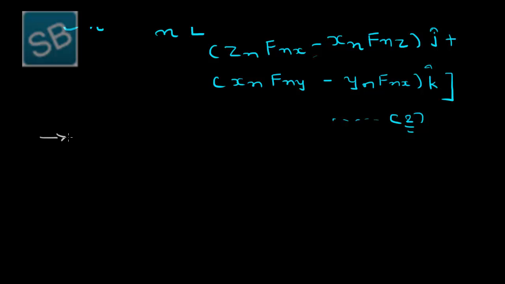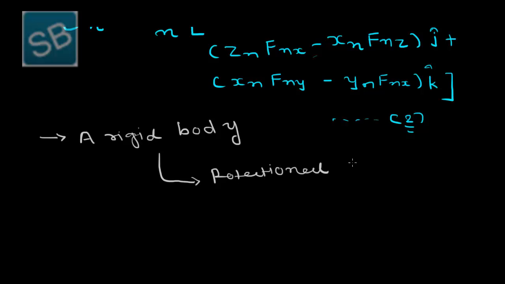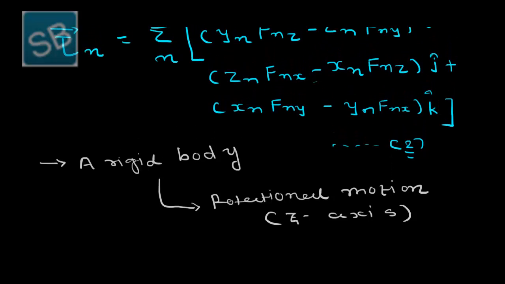Now, when a rigid body performs a rotational motion along the z-axis, then what happens? Then the z component of the torque is responsible.